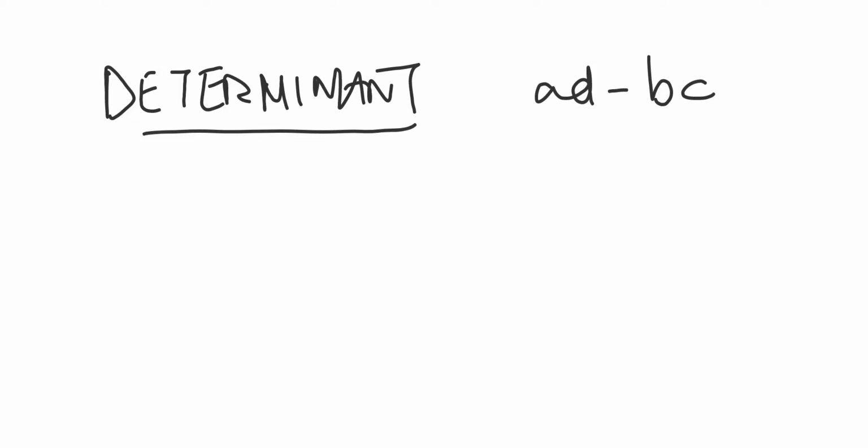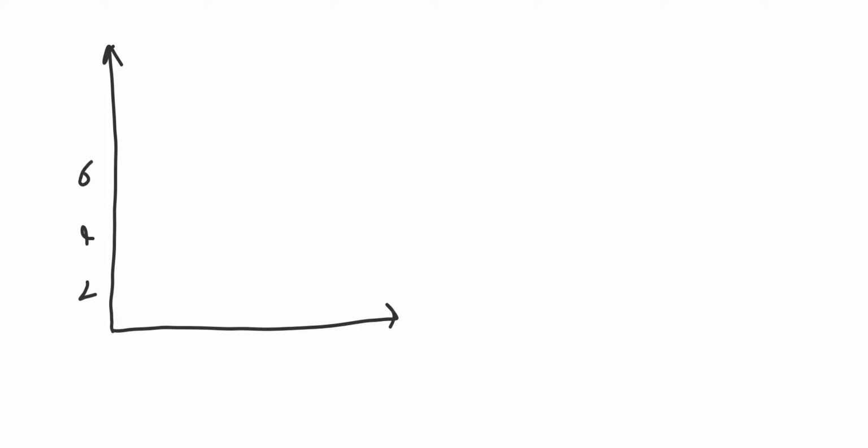I'll start with an example. For example, you've got this unit square. Now for example, you have a point at 1 1, one from here and one from here. So what coordinates will we write for it? We'll write 0 0.